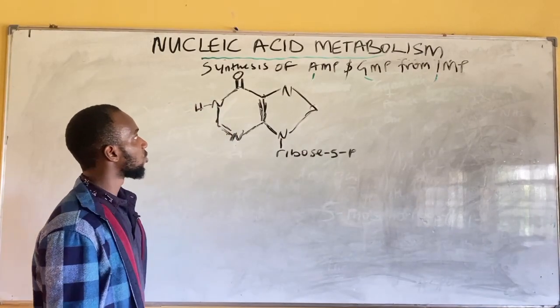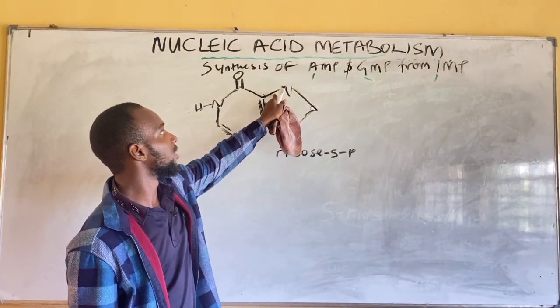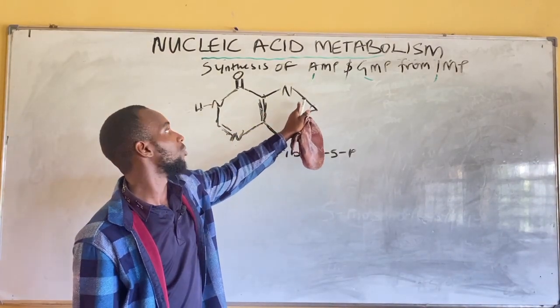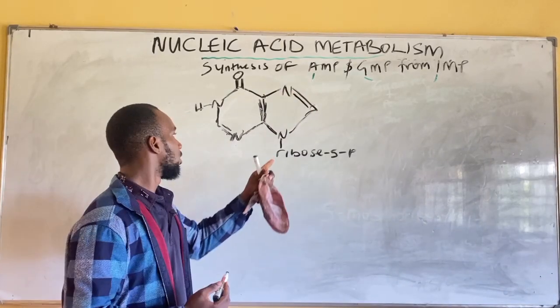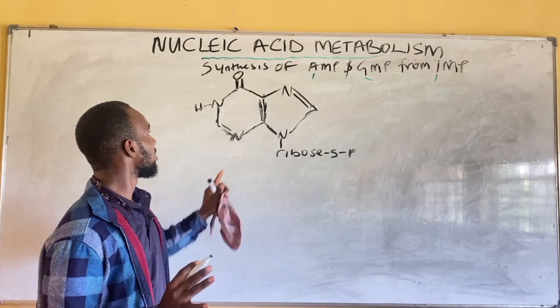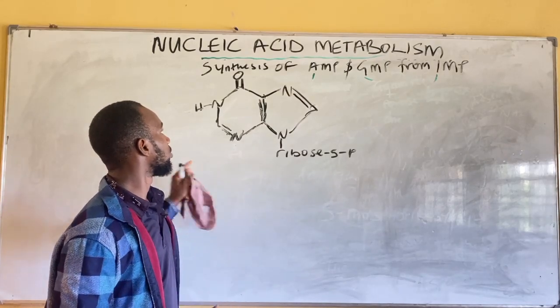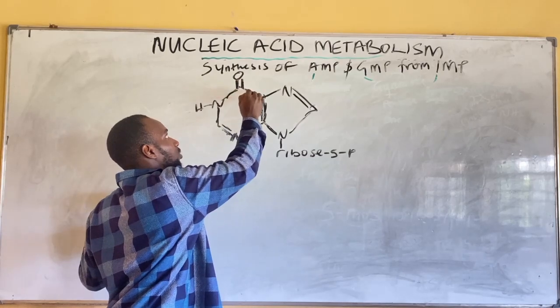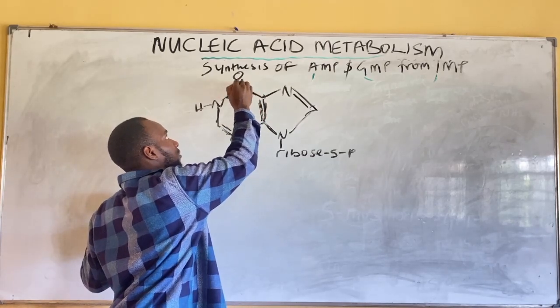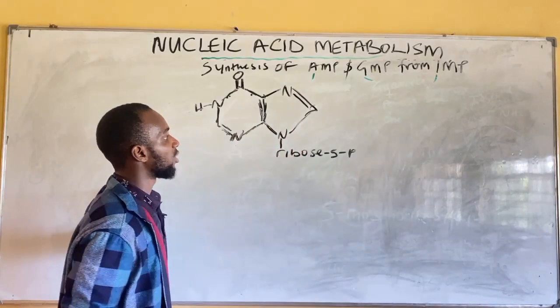There's a double bond here, meaning there won't be a double bond here, and the next place there will be a double bond is here. So this is the structure of inosine monophosphate. The carbon here is doubly bonded to oxygen, so 1, 2, 3, 4.